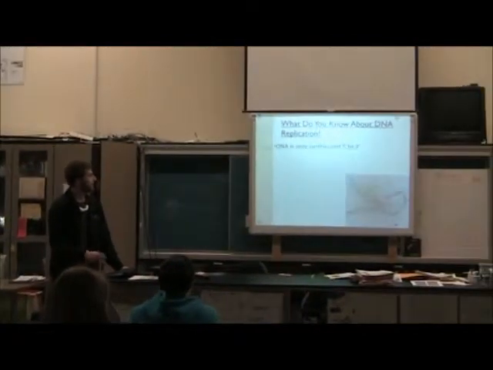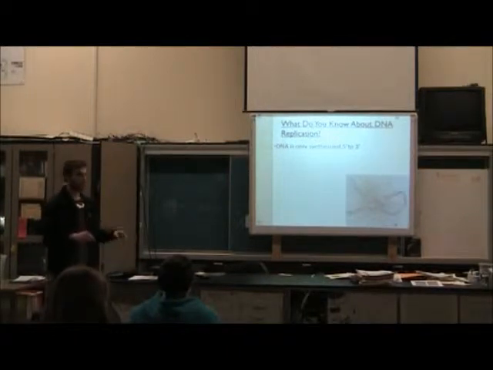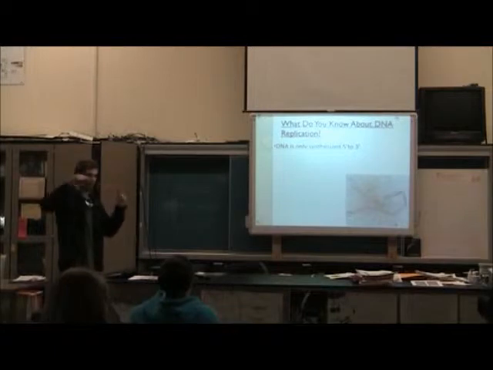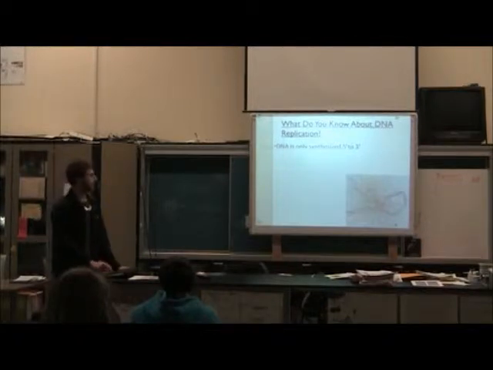Alright. So yeah, DNA is only synthesized 5' to 3'. And since it runs anti-parallel, of course it's going to go consistently one way and then be interrupted. I'll show you a picture. So the topoisomerase unwinds the strand. The helicase breaks the hydrogen bond between the bases to unzip it.